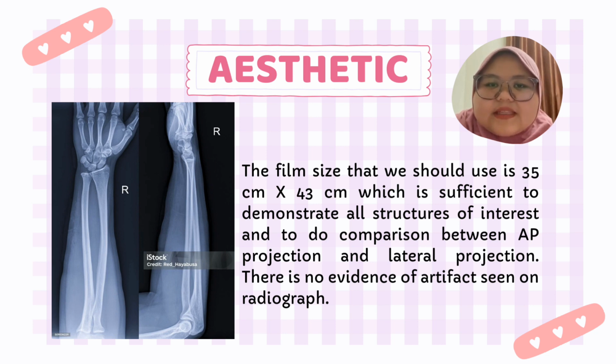Besides 35 by 43 cm, we also can use a cassette with 30 cm by 35 cm, or 30 cm by 40 cm, based on what we have in our lab. In this radiograph, there is no evidence of artifacts seen.